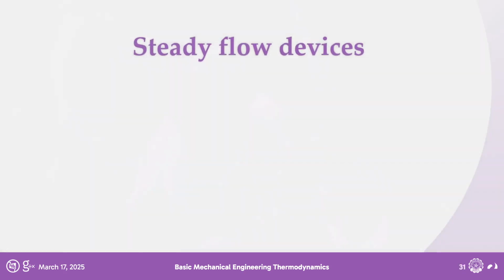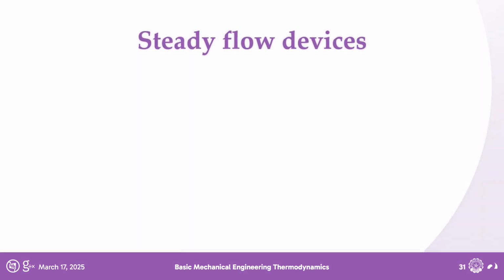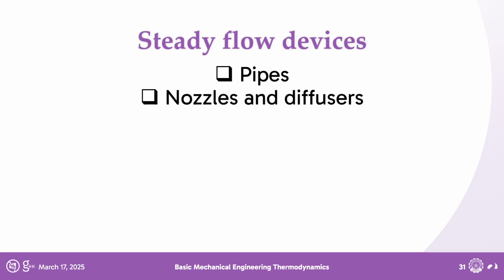All right. We have different kinds of steady flow devices available for our analysis. And they are, basta marami to, right? Info dump session still in session. We have, of course, very quintessential pipes. We have nozzles and diffusers.